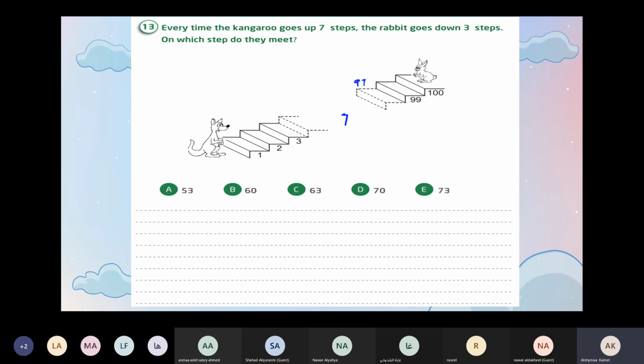And then the kangaroo will go up 7 steps. The rabbit will go down 3 more steps. On which step do they meet?